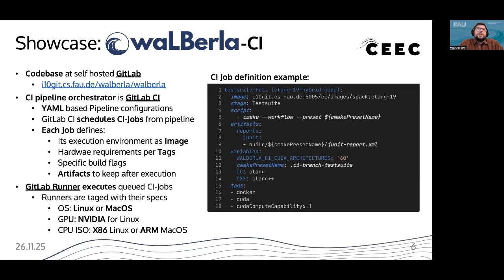So with GitLab, you have something that is called the GitLab CI. And the GitLab CI is a pipeline orchestrator where you write YAML files. So one YAML file, for example, describes a pipeline. And this pipeline then schedules jobs.